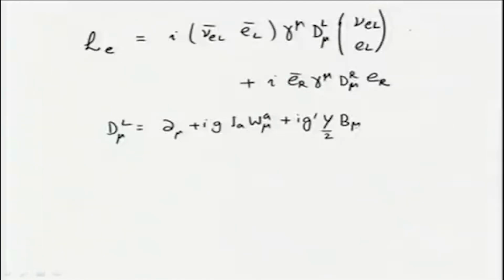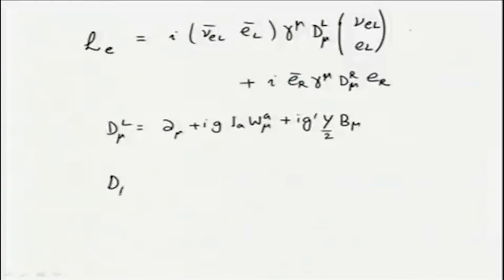So, we have introduced not 2, but 3 W_μ's and 1 B_μ. So, in total 4 bosons, vector fields here, and they are the ones which help us have the gauge invariance for the Lagrangians.